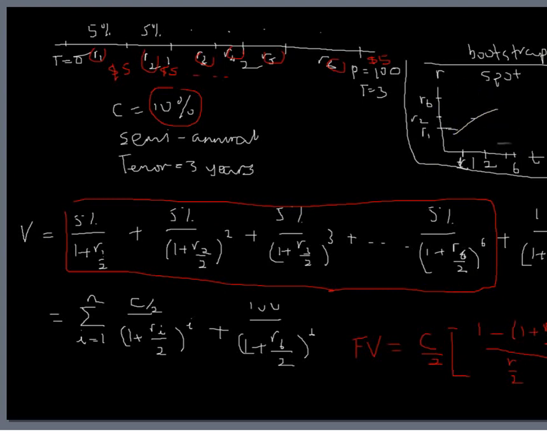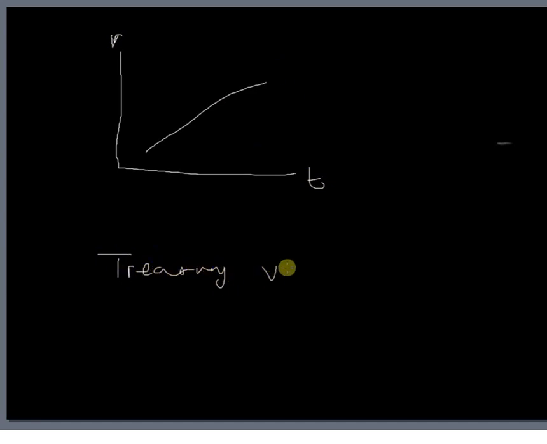But before I end this, I just want to add another point relating to the spot rate curve. I think we should at this point in time distinguish between the treasury bond versus a corporate bond. What are treasury bonds? These are bonds that are issued by governments denominated in the local currency.